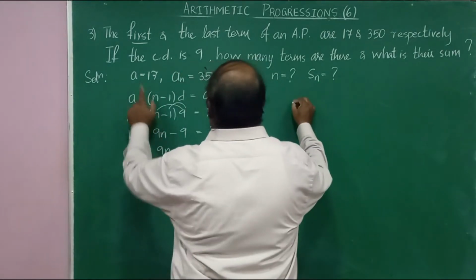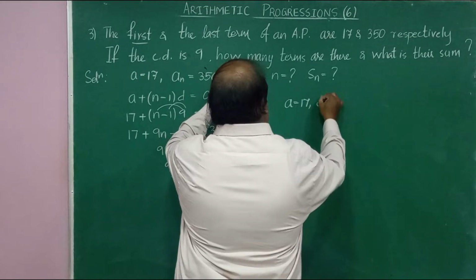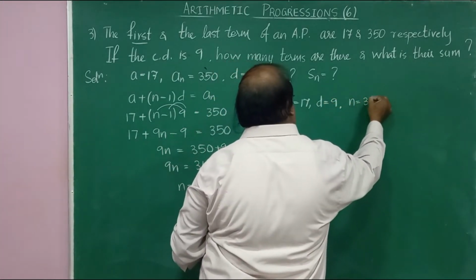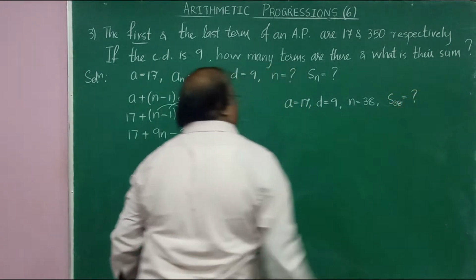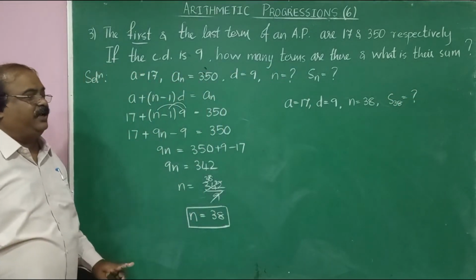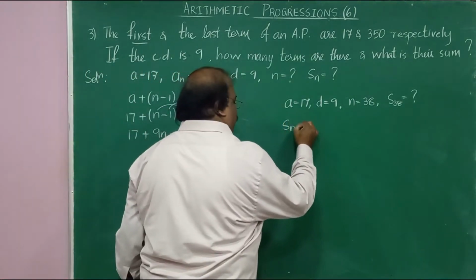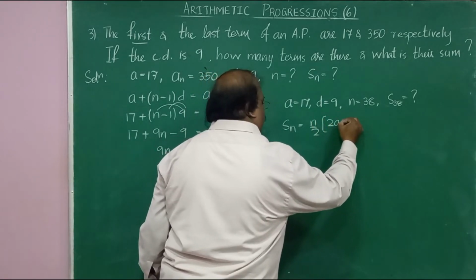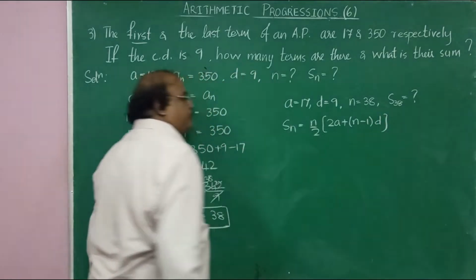Now you know a is 17, d is 9, n is 38. So I asked you to find out the sum of the series. Now you know the series is having 38 terms. Let me use the formula Sn is equal to n upon 2 into bracket 2a plus n minus 1 into d.